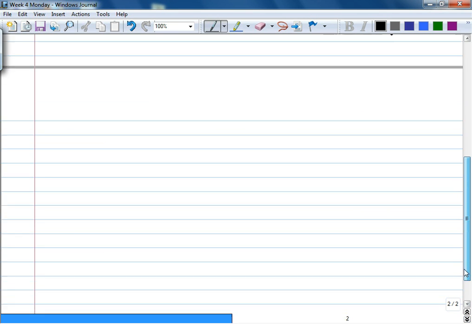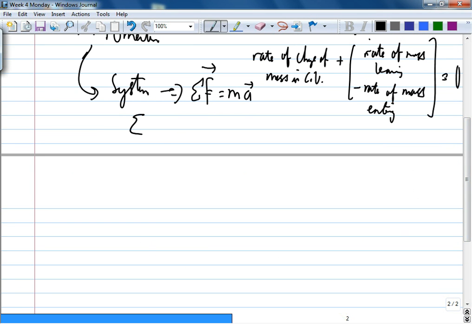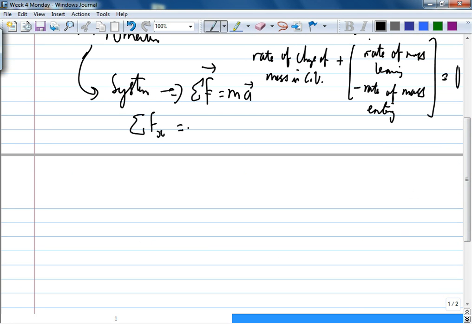Or if you like, you can say the sum of forces in the x equals mass times acceleration in the x. This is all Cartesian, no cylindrical, no polar, no weird coordinate systems. That's the x direction, and you can do the same for the others: the sum of forces in the y equals mass times acceleration in the y. I think you can figure out what the z one looks like now.